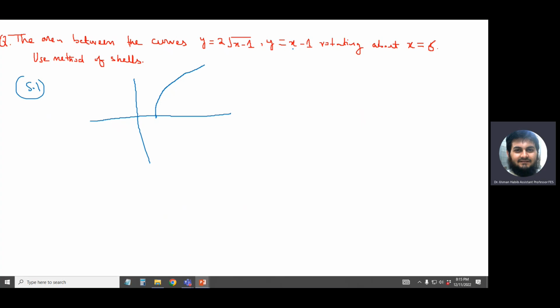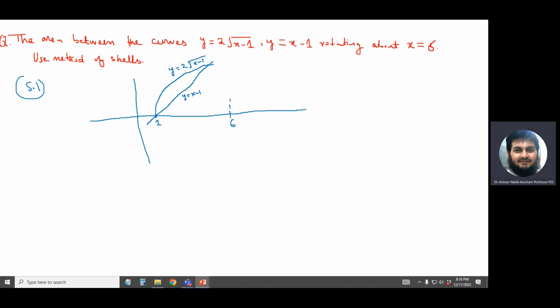The next line is y equals x minus 1. y equals x is a line which passes through the origin. y equals x minus 1 will pass through x equals 1. Okay, now we get this. This curve is 2 root x minus 1, which I plotted first, and this one is y equals x minus 1. Good. Where are they intersecting? We don't know. We're going to find out in a bit.